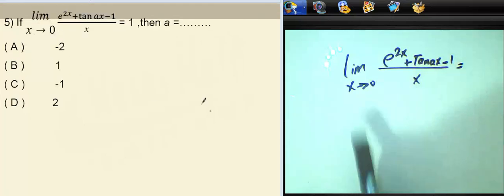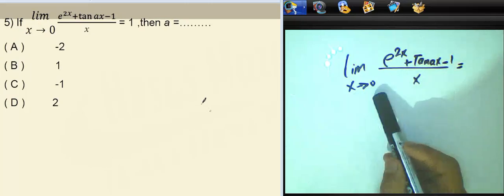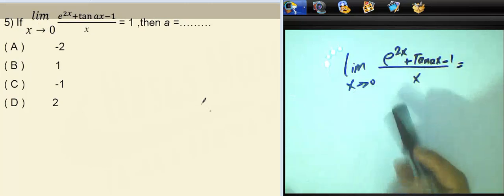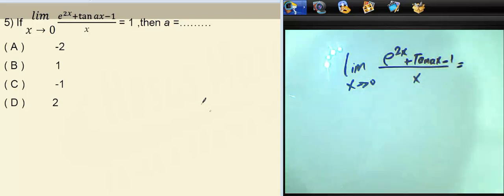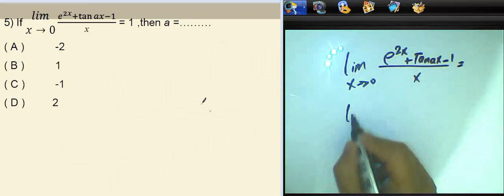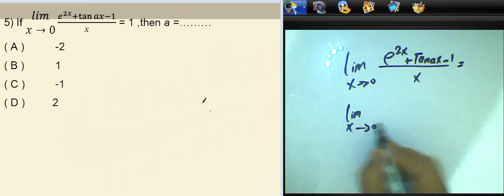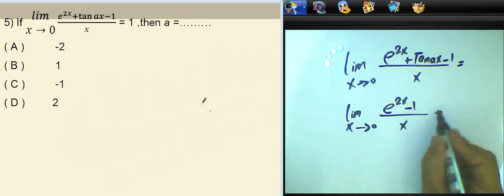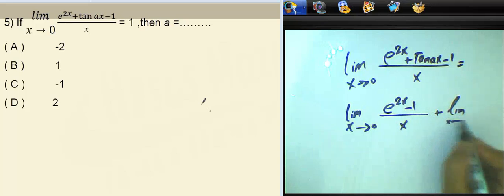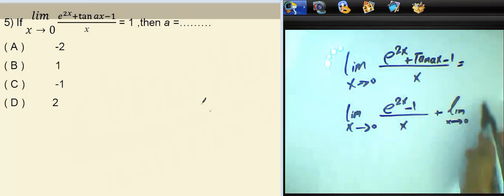Find the limit of this function as x approaches 0. We can write e power 2x minus 1 over x, and write the rule for this limit: as x approaches 0, e power 2x minus 1 over x plus the limit as x approaches 0 of tan ax over x.